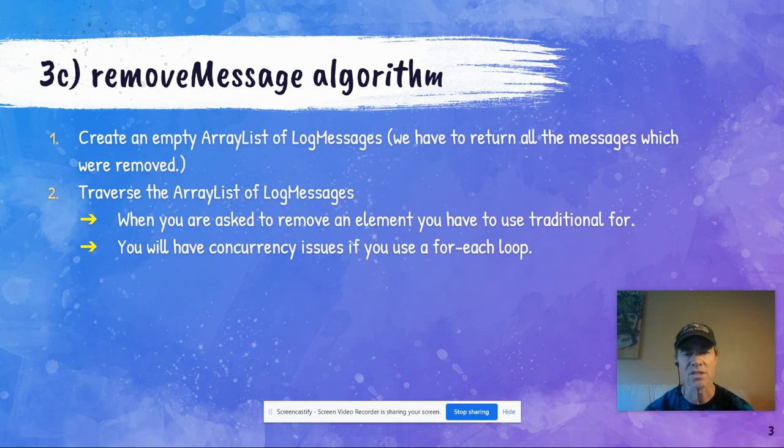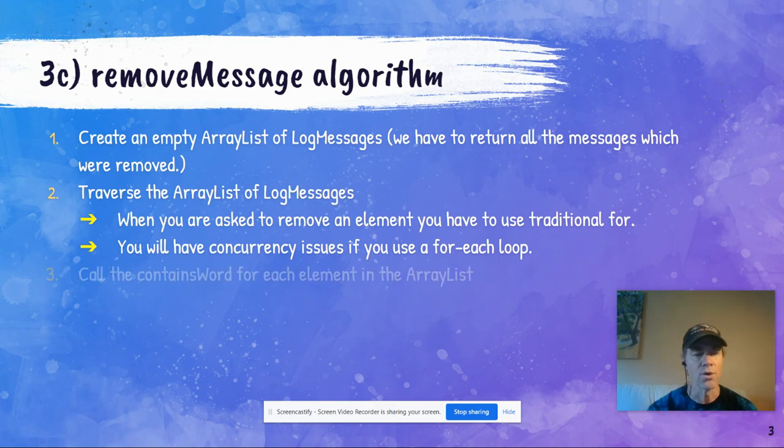And especially if you shrink it, those initial values of what the state is are set at the beginning of the for each loop. And so if you shrink it down, then you could definitely have a problem. So you'll get an error message if you try to do that. So if you're looking to delete elements, especially from an array list, you've got to use a traditional for in order to do that.